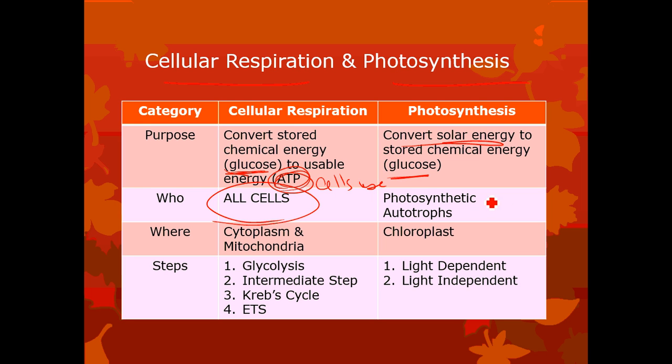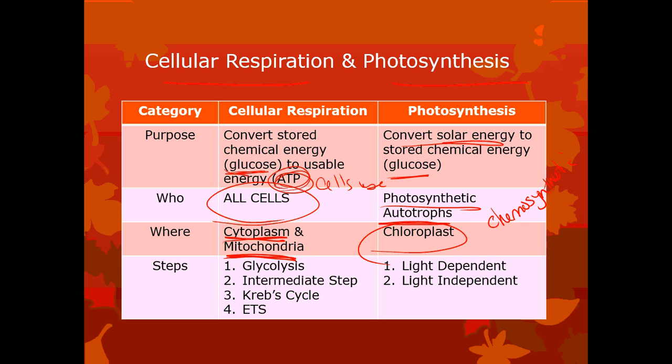And then photosynthesis is going to be photosynthetic autotrophs or chemosynthetic organisms in the ocean. Where does it happen? Cellular respiration happens in the cytoplasm for glycolysis, and then into the Krebs cycle, into the mitochondria membranes. And then photosynthesis happens all in the chloroplast.